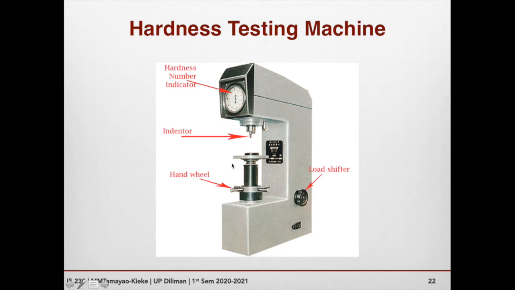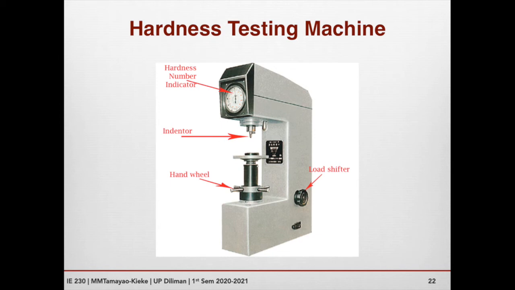Okay, so let's look at an example here. Suppose that you have a hardness testing machine. This machine helps determine the hardness of, say, a metal specimen by pressing a rod with a pointed tip, shown here as the indentor, into the specimen with a known force.